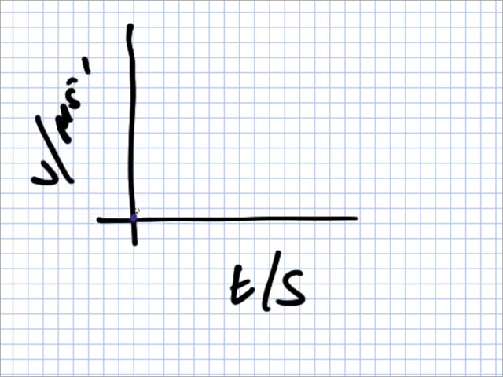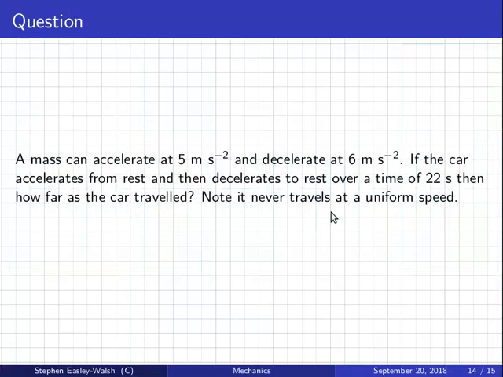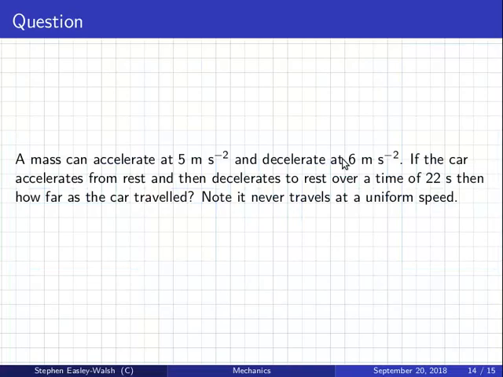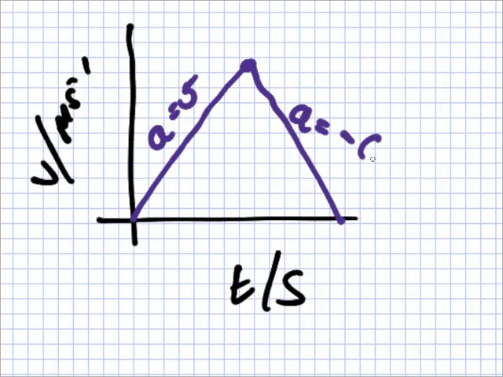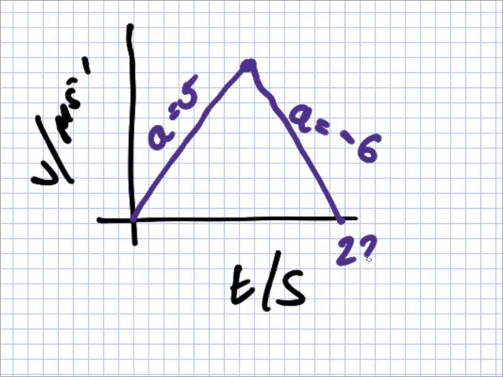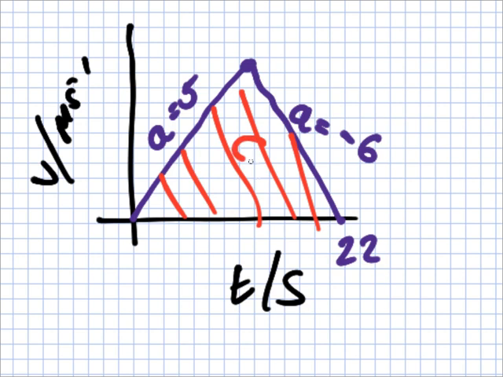The car accelerates and decelerates, and it can accelerate at 5 and decelerate at 6. And the total time is 22 seconds. And I want the distance. So I want the S here.